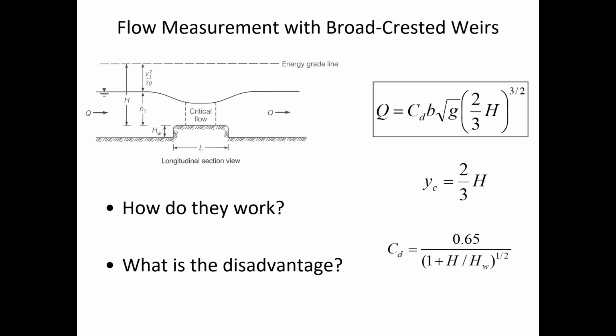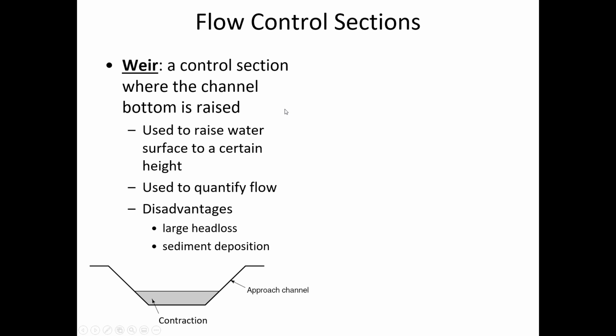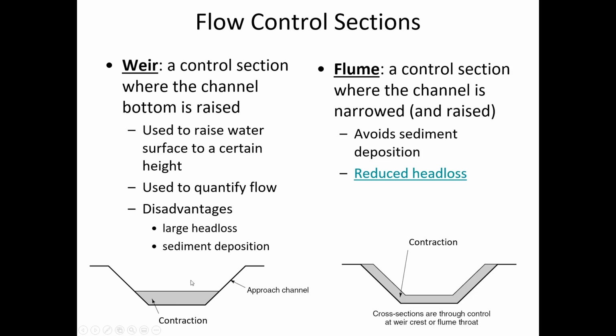More than 100 years ago, someone invented a better way to measure the flow rate. The whole purpose of this device is to quantify Q. This other device is a flume. Whereas a weir has head loss and deposition concerns, and works by being an obstruction that raises the bottom of the channel, a contraction just by making the bottom higher temporarily, a flume contracts the channel by making it narrower.